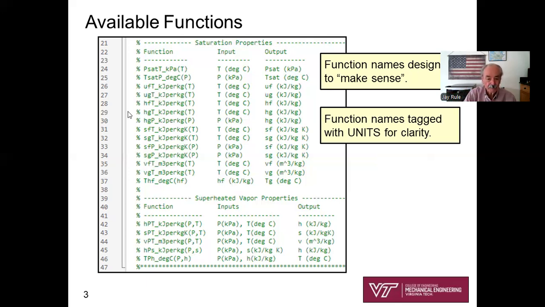So I did some thinking when I created these function names, and then the work of creating the MATLAB functions to get the outputs from the input. Notice here, that's just the way the MATLAB functions work.